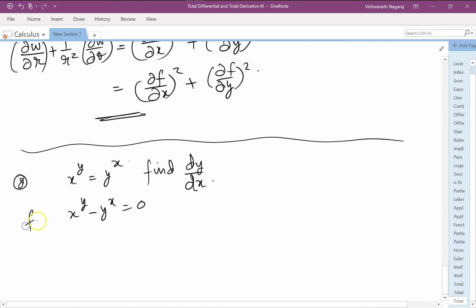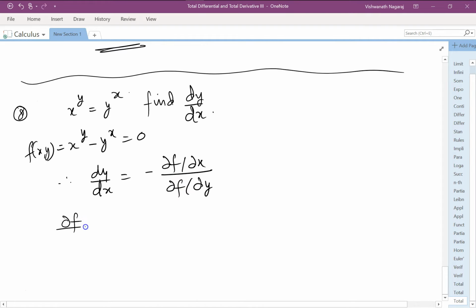That means we can say this is a function of x comma y. That means f is an implicit function of x and y. So therefore dy/dx, remember we had looked at this. This is nothing but minus ∂f/∂x divided by ∂f/∂y.